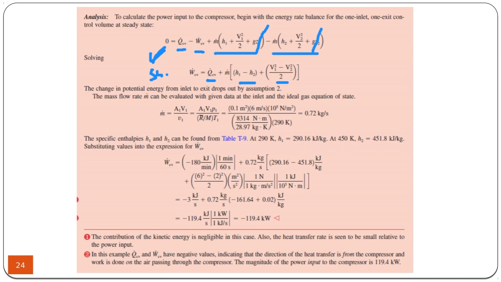According to the ideal gas law, Pv is equal to RT, so you can find v as RT divided by P. A is given, the inlet area is given, inlet velocity is given, inlet pressure is given, so that you can calculate the m dot, and m dot is the same at the inlet and at the exit. This is constant because it's steady state.